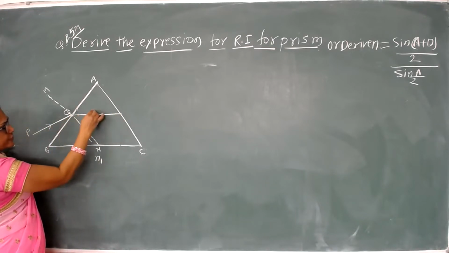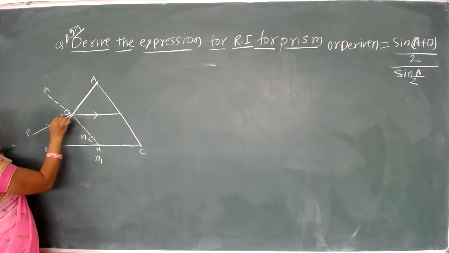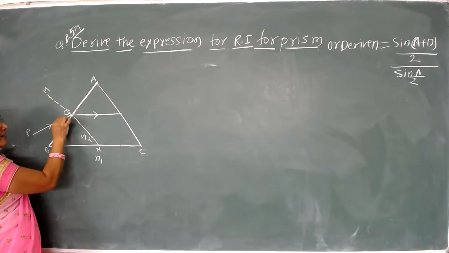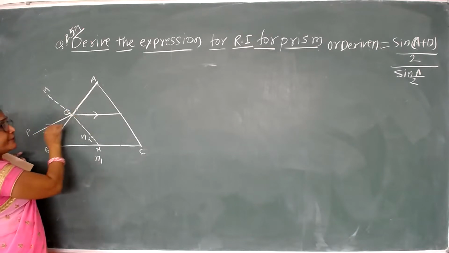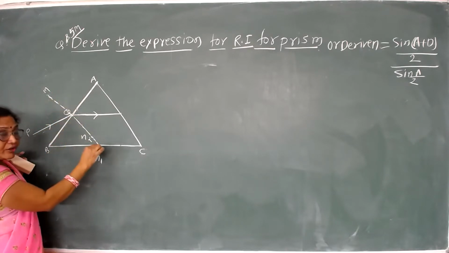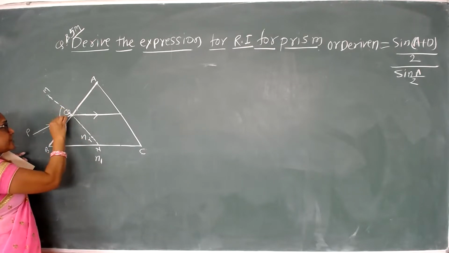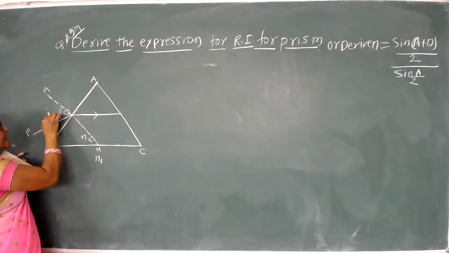So here, show the arrow mark. PQ be the incident ray, MN be the normal ray, then the angle which is found in between the incident ray and the normal ray is known as the angle of incidence, and for the first surface the angle of incidence is I1.